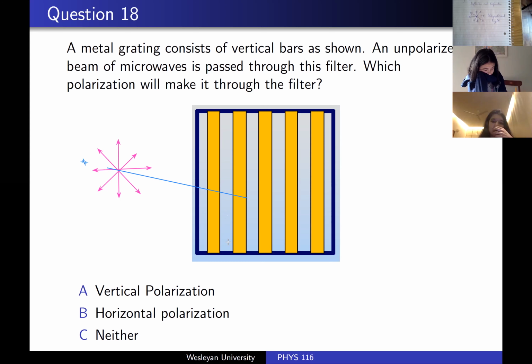They're going to drive a current up and down, and that is basically going to cause those electric field vectors to reflect. So those will either reflect or be absorbed, because driving a current takes up some energy and so you lose some energy that way. But the ones which are instead perpendicular to the rods can't drive much of a current, and so those will pass through unimpeded. So this is actually a filter with a transmission axis which is horizontal.